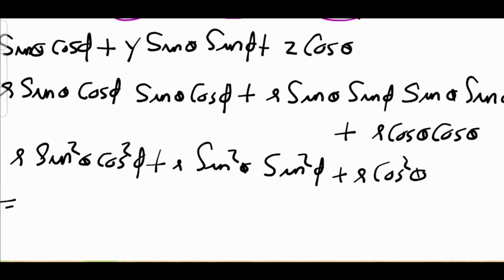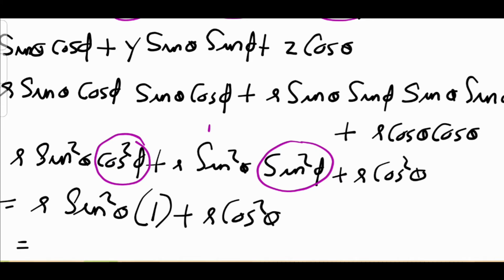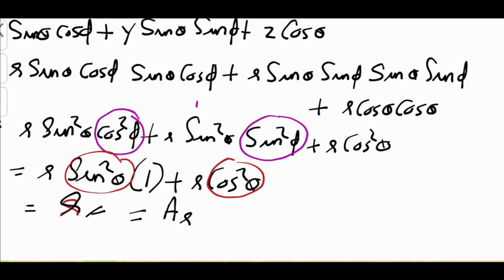So cos square phi and sine square phi will give you 1. So it will be r sine square theta times 1 plus r cos square theta. So sine square theta plus cos square theta is equal to 1. So it will become r. So that is equal to a r. A r is equal to r.